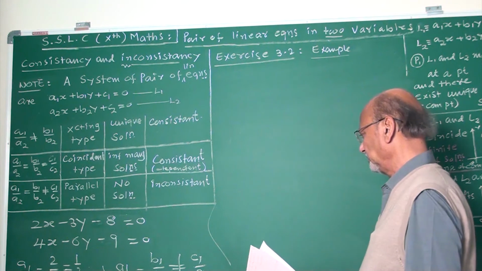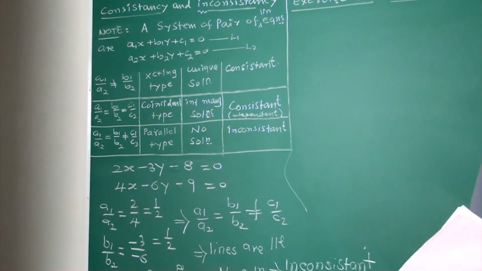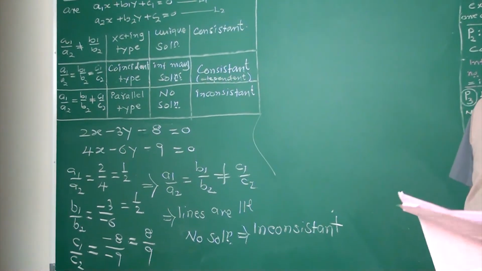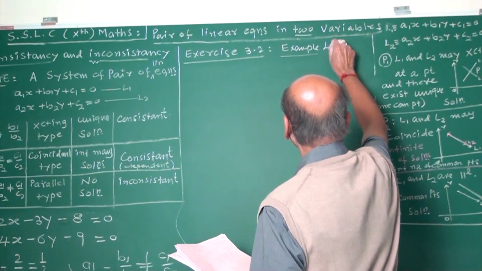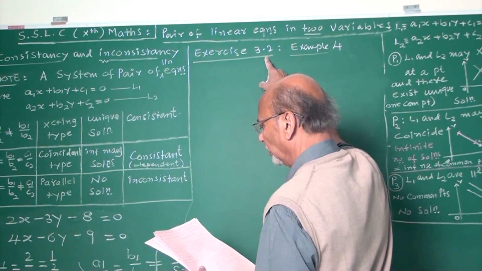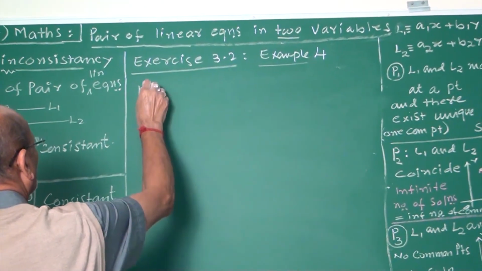Yes, the system is inconsistent in this case, my friends. These are very simple examples. Either 1 mark, otherwise 2 mark, they give such examples, my friends. Next, example 4, in exercise 3.2. This is the statement of this example 4.